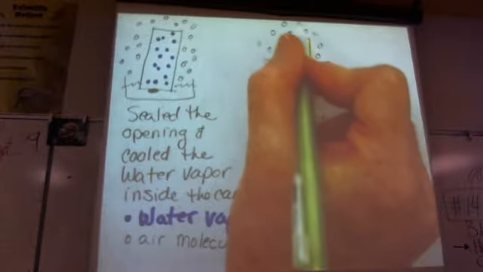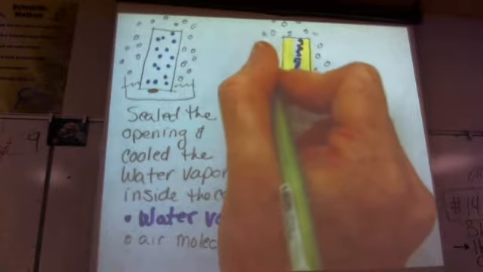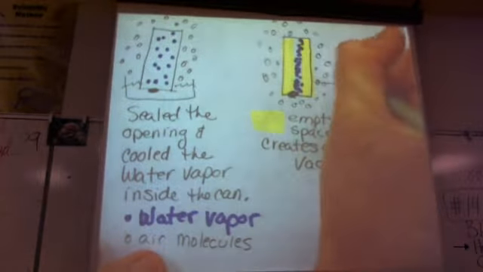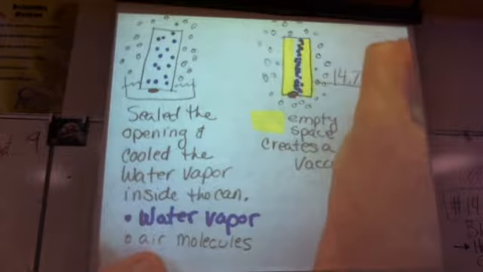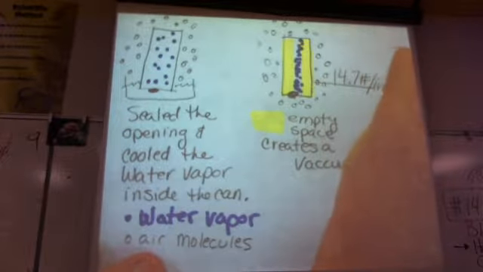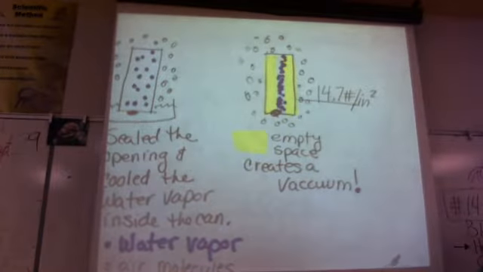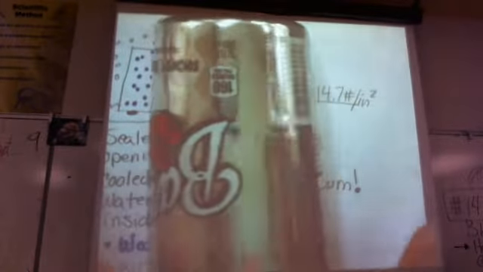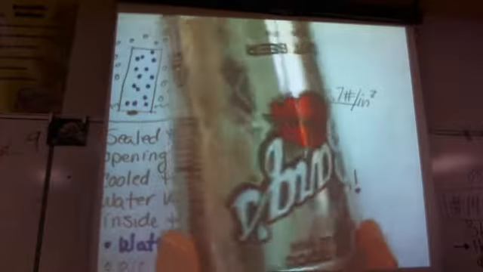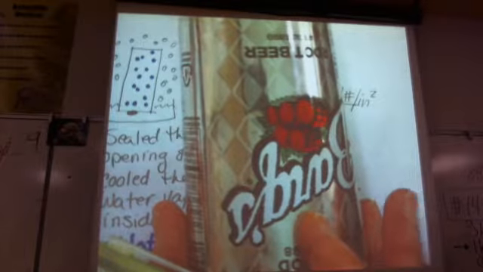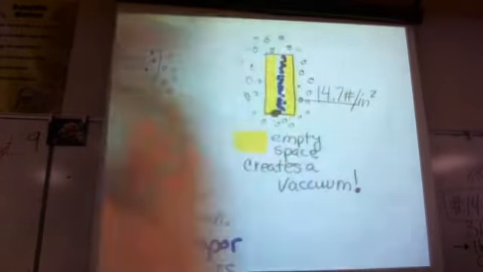What is the pressure of the atmosphere at sea level? 14.7 pounds per square inch. Very good. So if you take this can and draw square inches all around it, there's 14.7 pounds pressing in at all those spots. Okay?